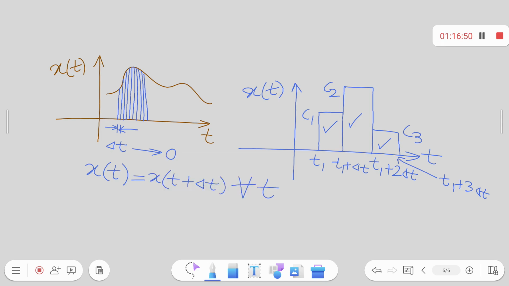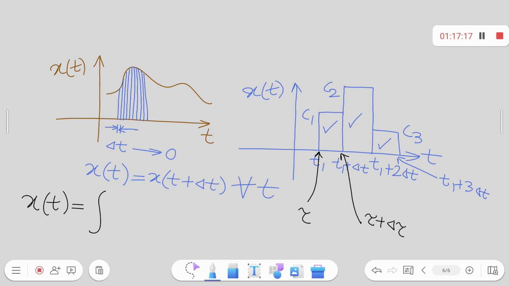So any arbitrary signal x of t can be represented as, you have to find out at t is, say, let us consider one particular interval. Suppose this time is tau, and this time is tau plus delta t.